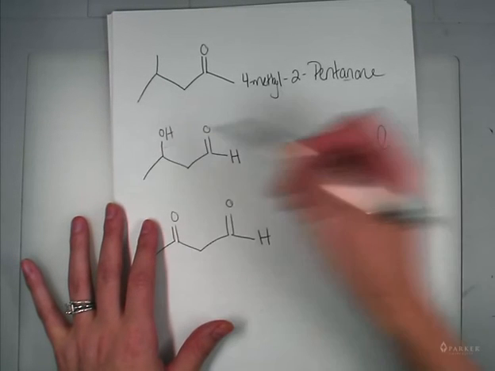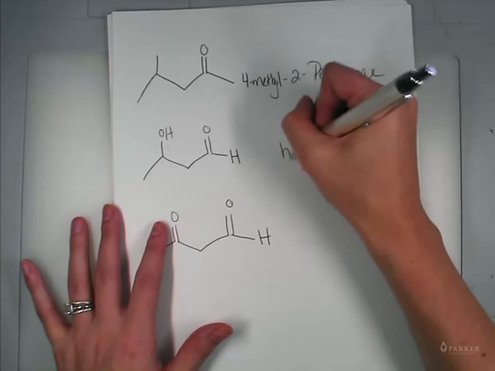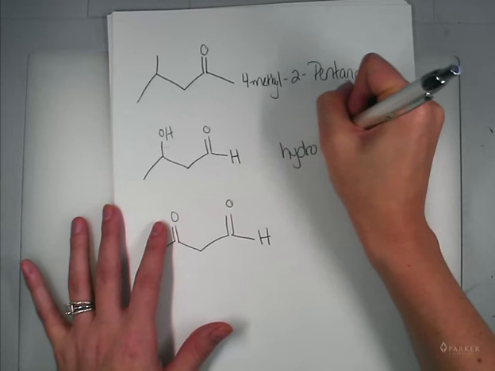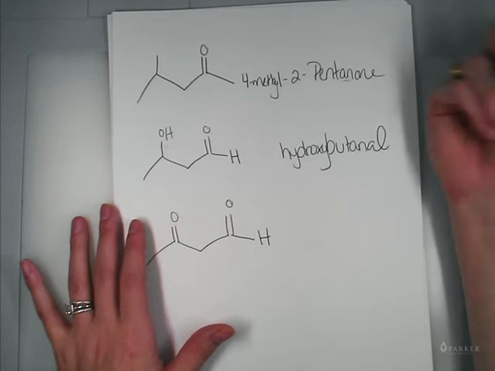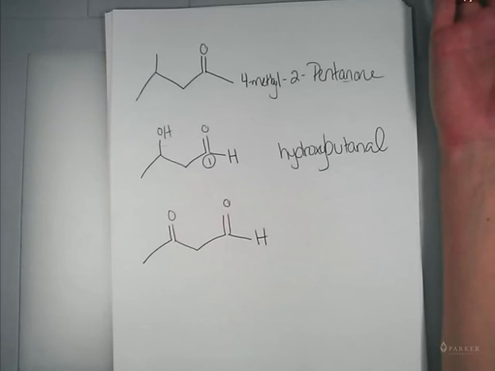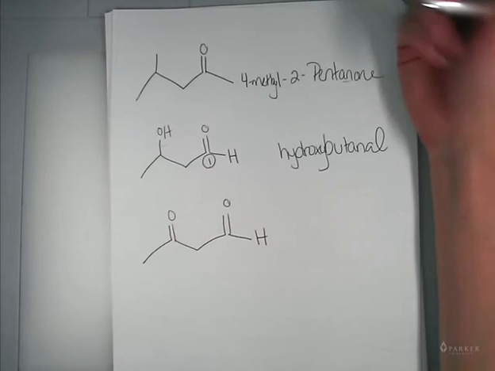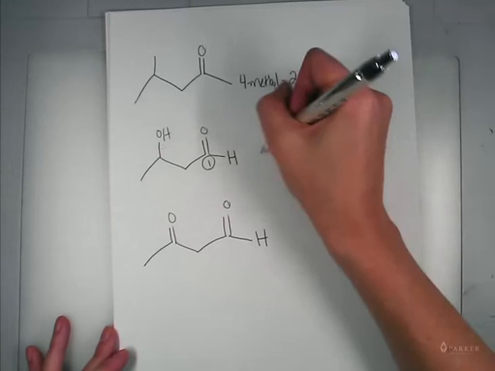And how do we name this? Hydroxy. And where is that located? 3. So aldehyde is always carbon 1. You don't ever have to put number 1 because it's assumed number 1. So then if that's 1, then that one's 3.